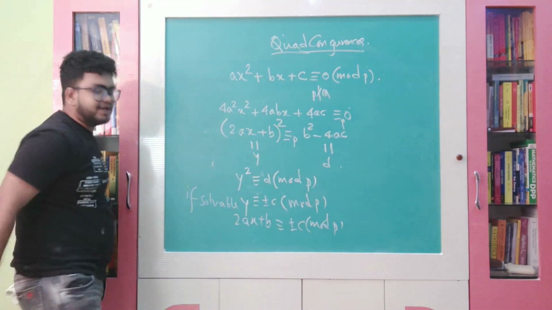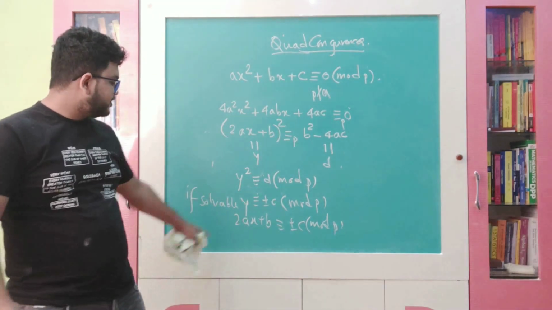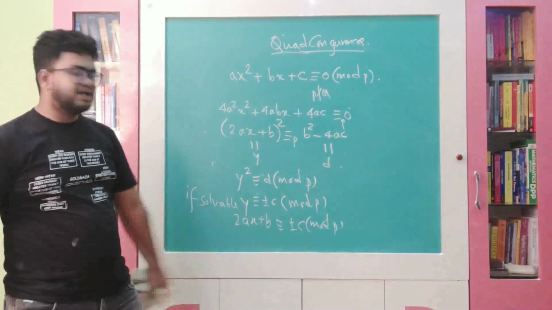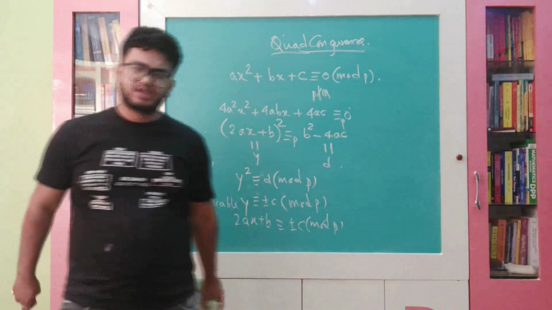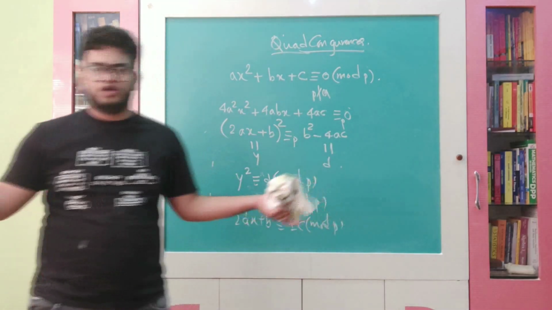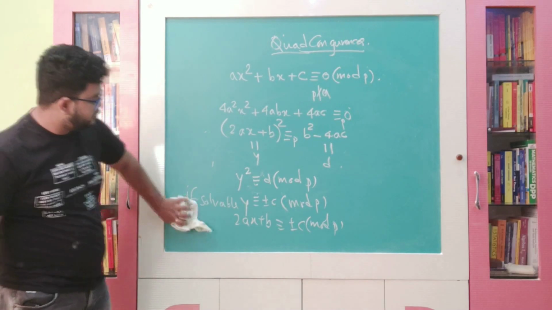Then we can solve it by a linear congruence, as we already saw, ax congruent to b modulo p.